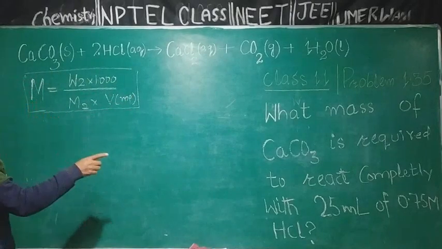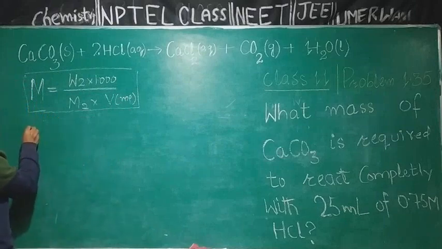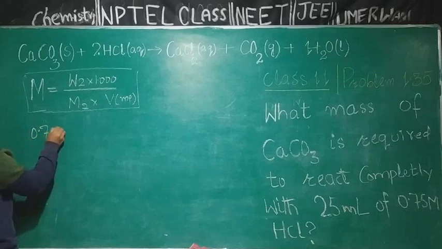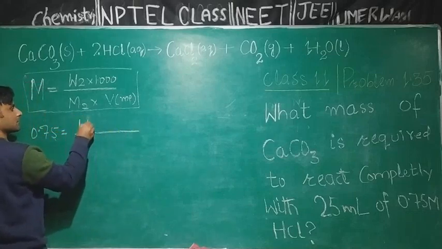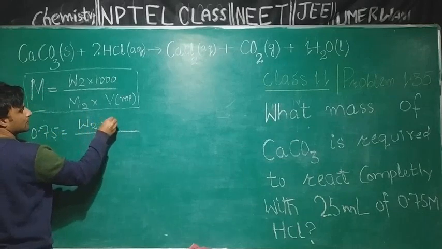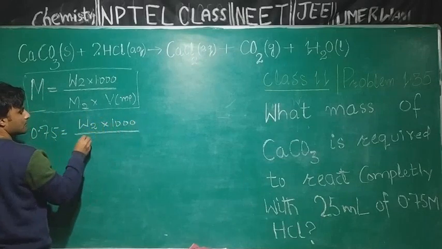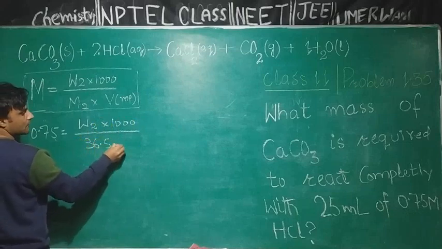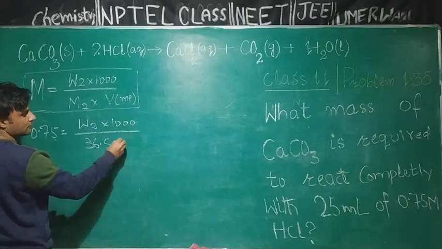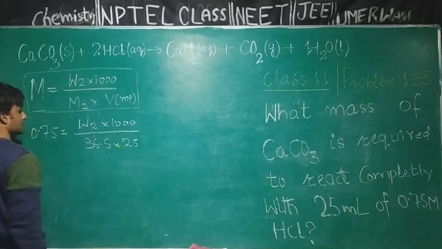Molarity of the aqueous HCl solution is given as 0.75. I need to calculate W2, the mass of HCl dissolved. The molar mass of HCl is 36.5 grams, and the volume is 25 ml.